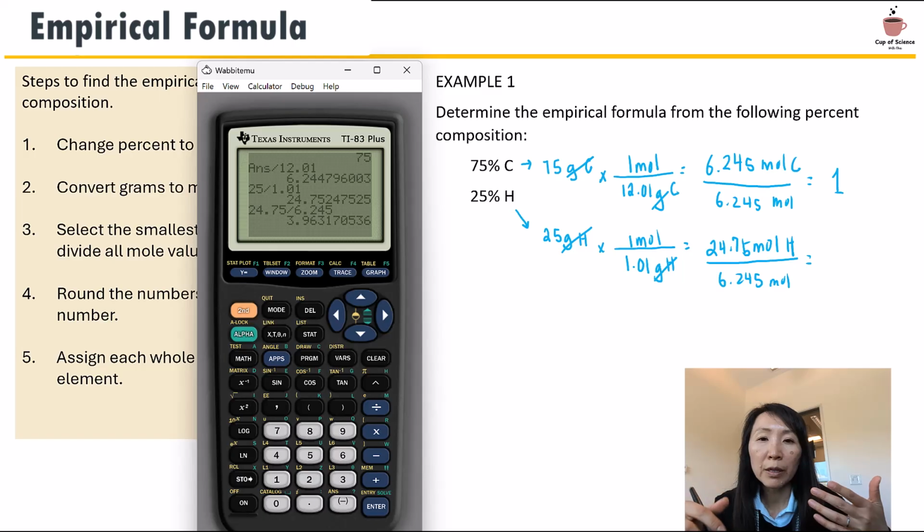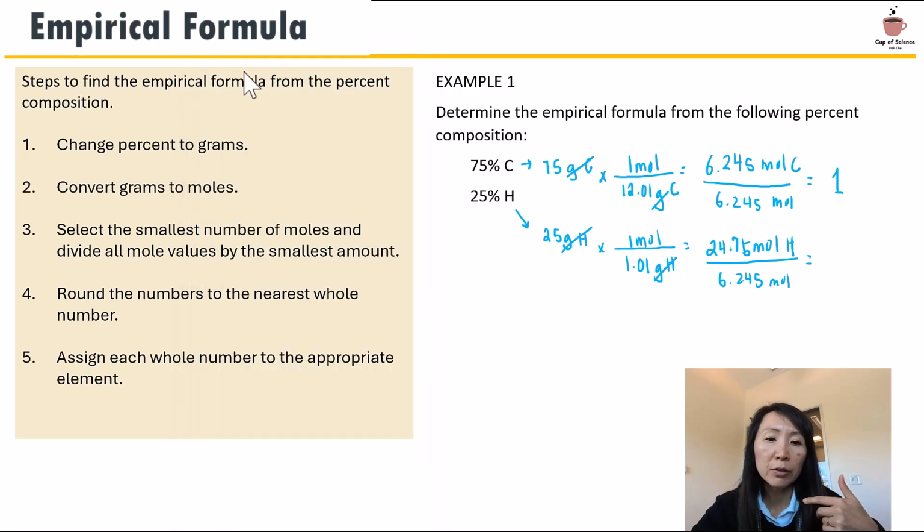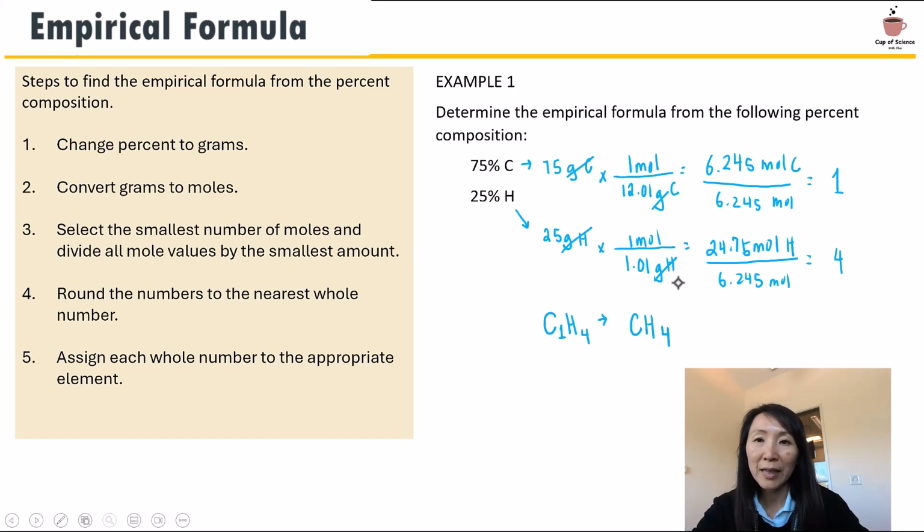So this is pretty close to 4. You round it off to the nearest whole number, which is 4. Now we can assign a whole number to the appropriate element. It means that we have C1, and for hydrogen, there's 4, which could be rewritten as CH4. That's my empirical formula.